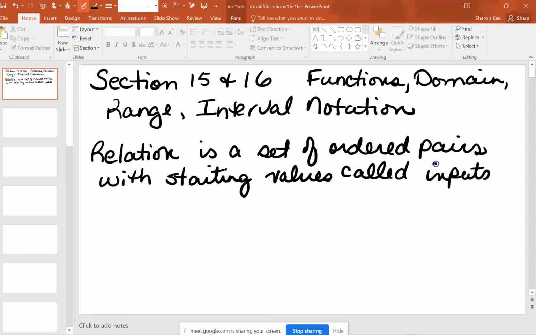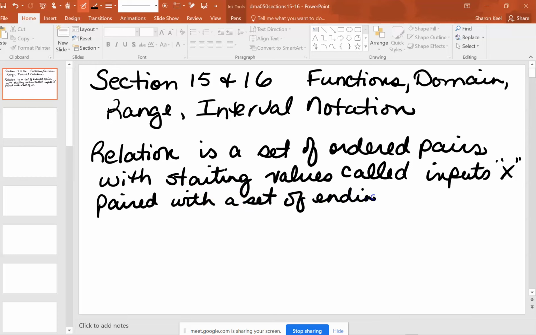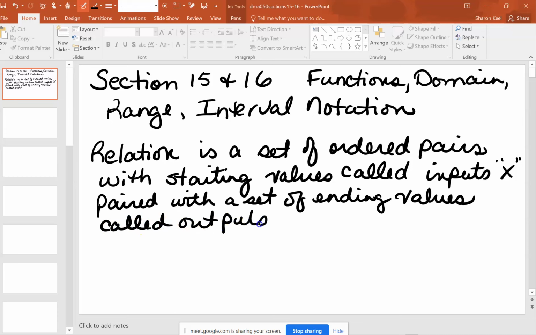The inputs are, in essence, the x values, paired with a set of ending values that are called the outputs. The outputs, in other words, are the y values.